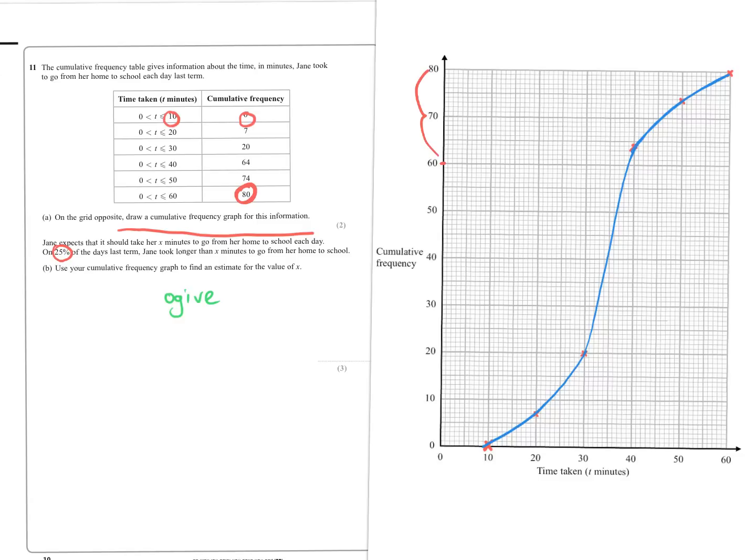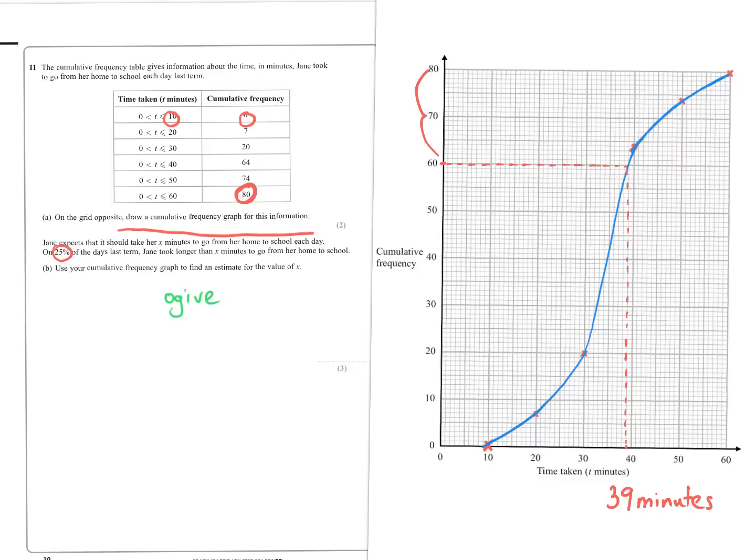So we'll go along, and you can use your ruler here. I don't have one, so I've got to be careful, and then read down, and then you can look carefully at what you see here, and the figure that I have here is 39 minutes.